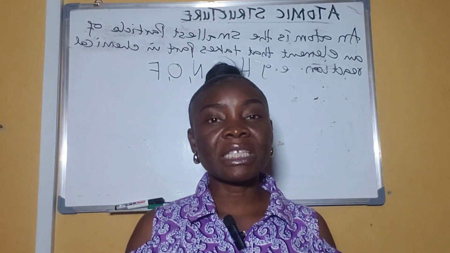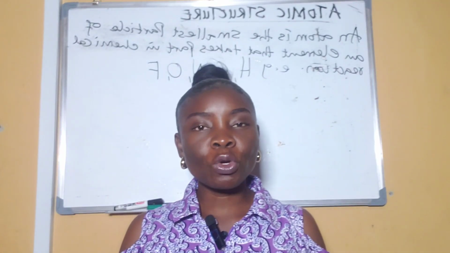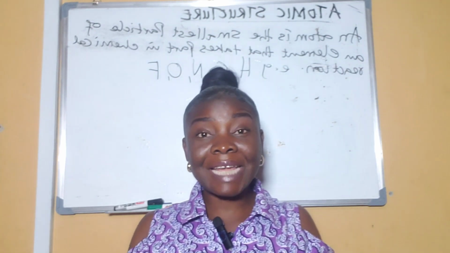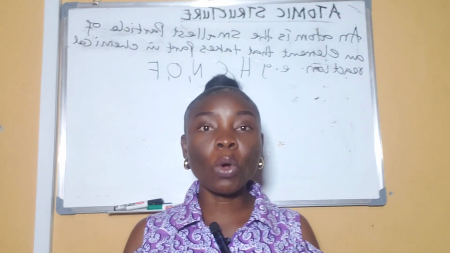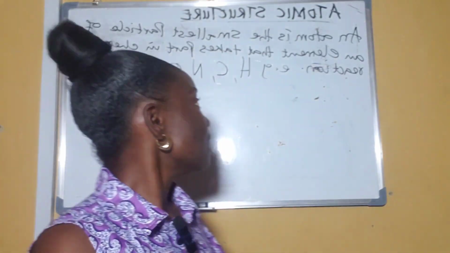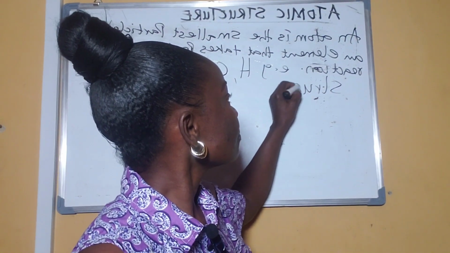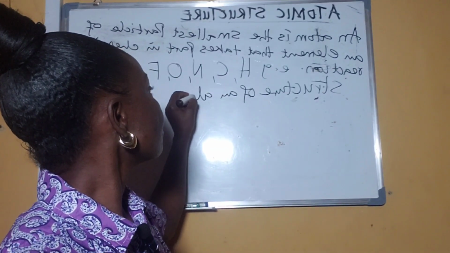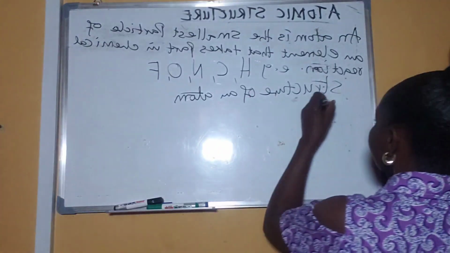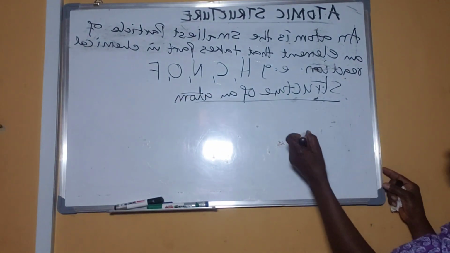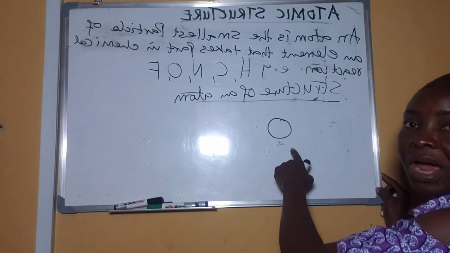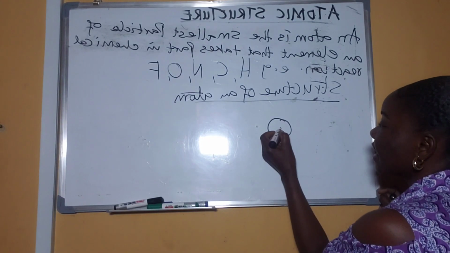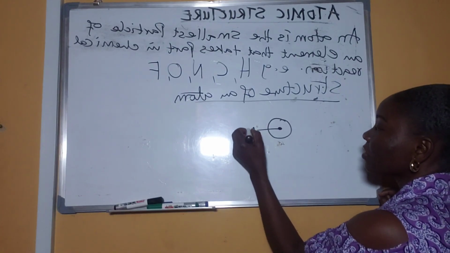Now, what is the structure of an atom? Each atom that you see is made up of a nucleus, which is at the central position, surrounded by shells or orbitals. If we assume this to be an atom, here is the nucleus.